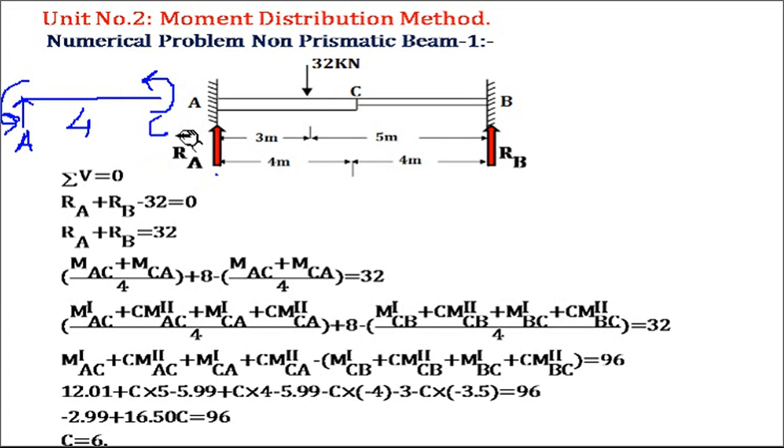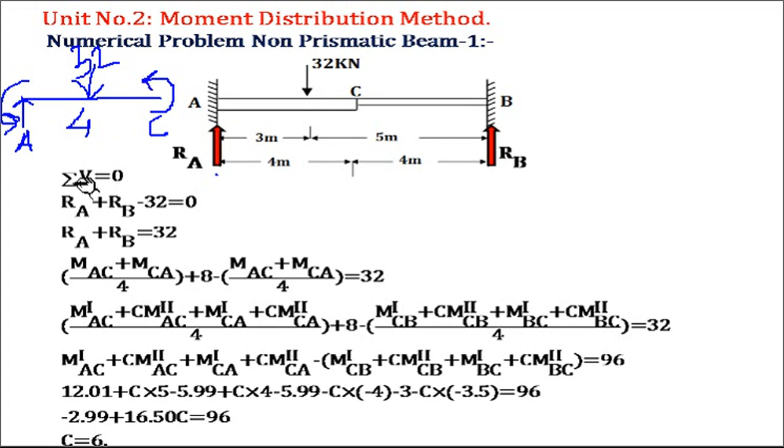Sorry, I have not taken the point load. The point load is there, that is 32. So RA into 4 and minus 32 into 1. So this equation will be MAC plus MCA plus RA into 4 minus 32.